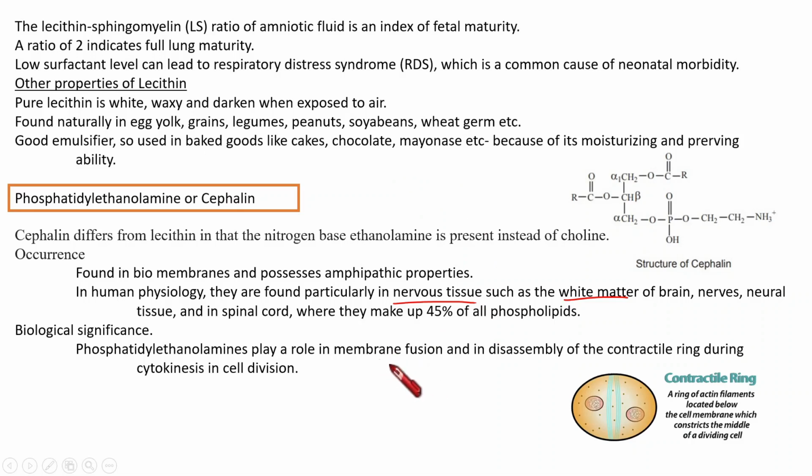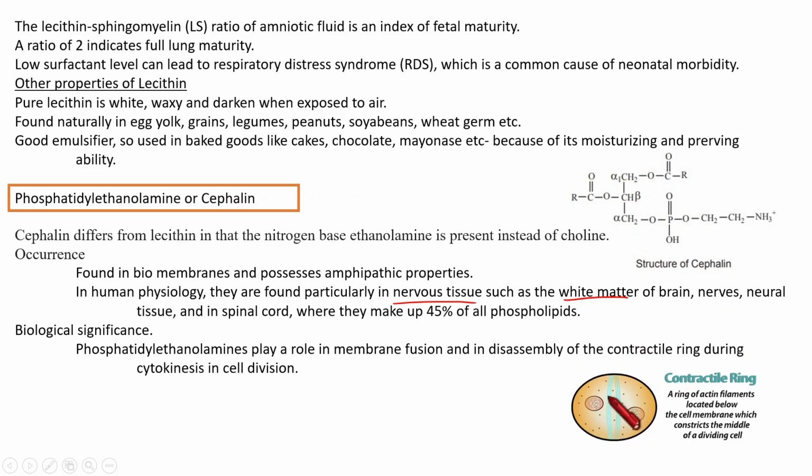So what plays an important role there? Cephalin is required. So in all those areas of the membrane where the membrane fusion is required to take place, there cephalin is abundant. And it also helps in the disassembly of the contractile ring.